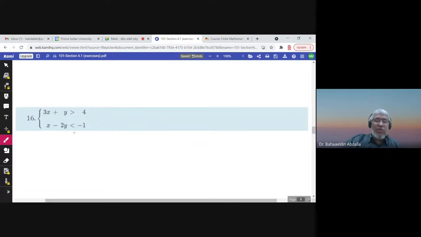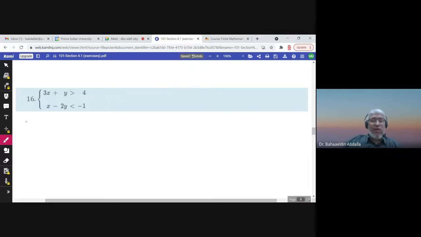All right, the next system. Write the equation of the first line, 3x plus y equals 4. If x is 0, y is 4. If y is 0, x is 4 over 3, 1.3.